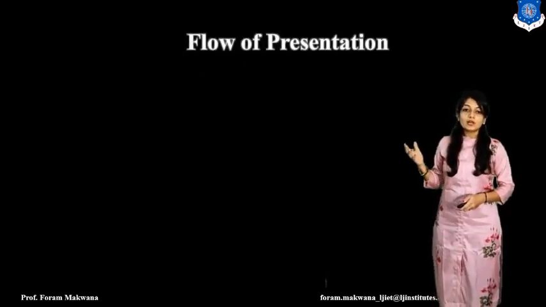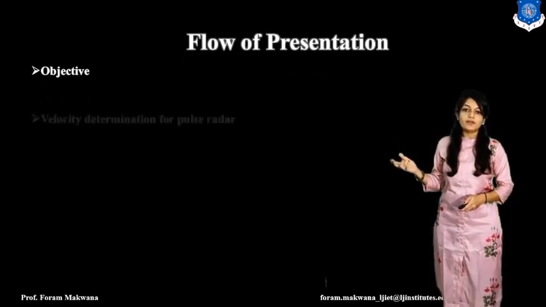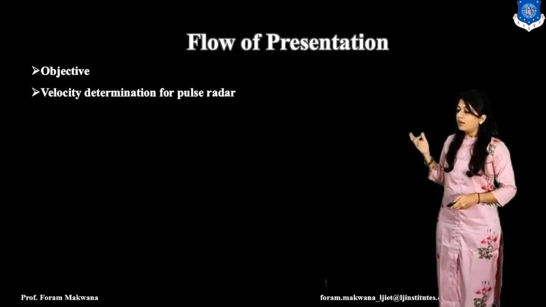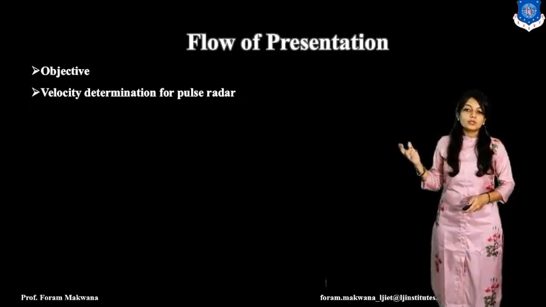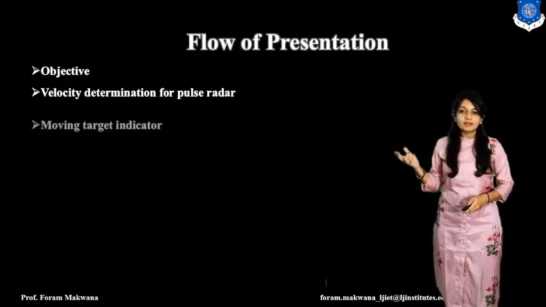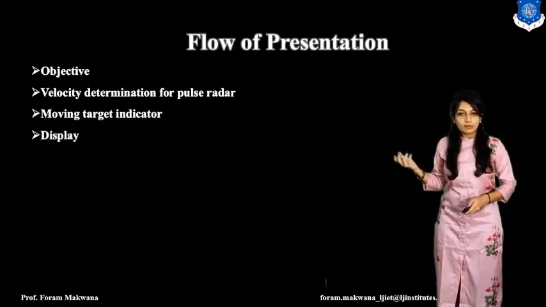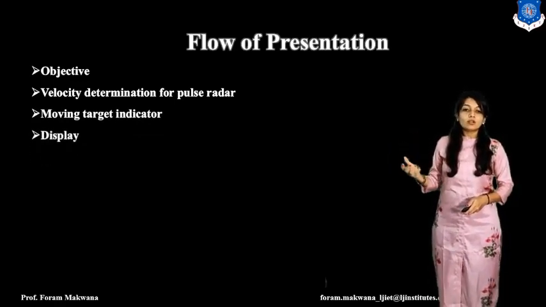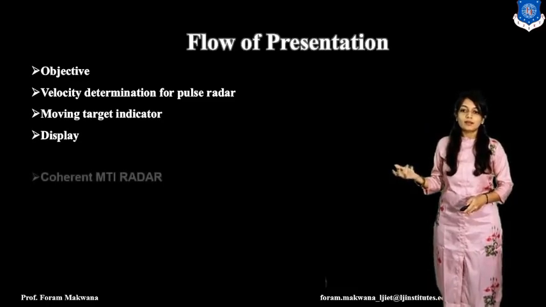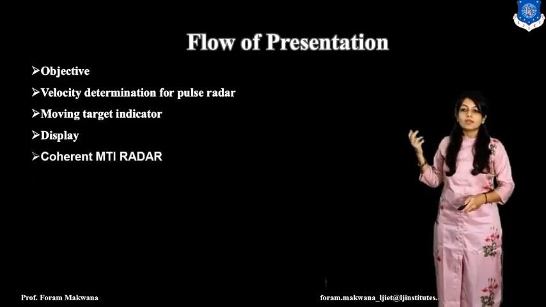So first of all, in today's session we are going to study what the objective of MTI is, how the velocity is determined with the help of pulse radar, then what MTI is and the block diagram of MTI, and what we are going to display with the help of MTI.